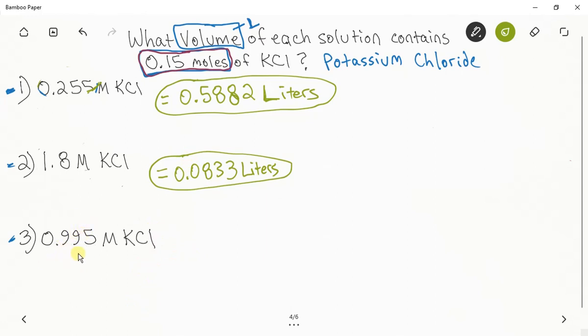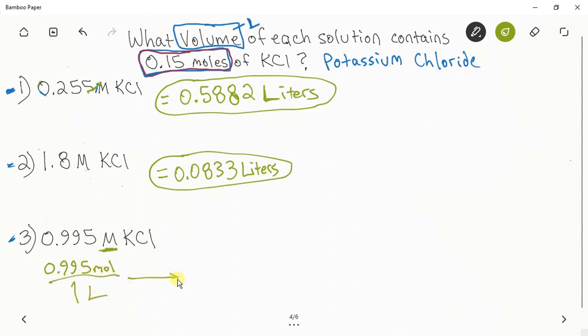Now let's do the third one. We have 0.995 molarity of potassium chloride. Well, you should know by now that molarity means you have 0.995 moles in 1 liter.